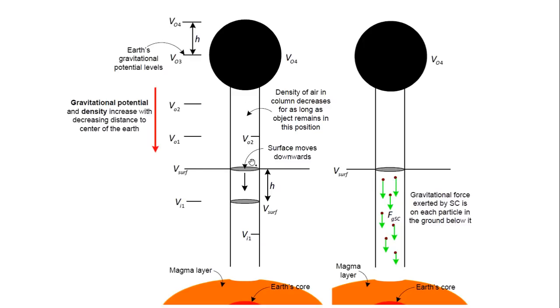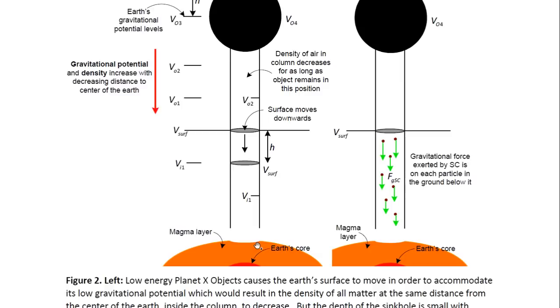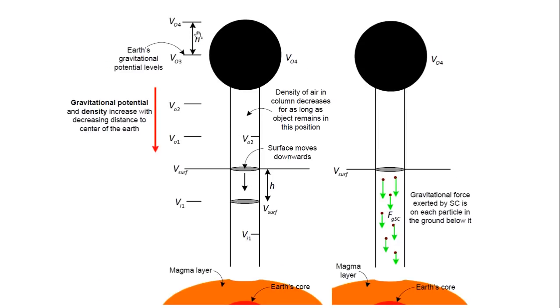So what that causes is a force which repels all the material down here, all the magma. And that causes, because the object does not move, instead the surface moves. The surface moves downward by that height difference there. So the surface moves from there to there.